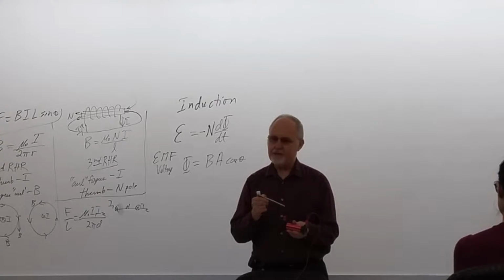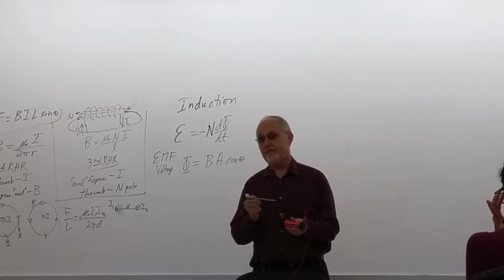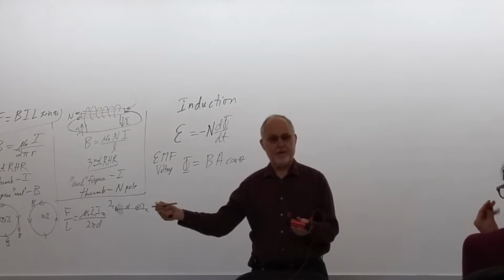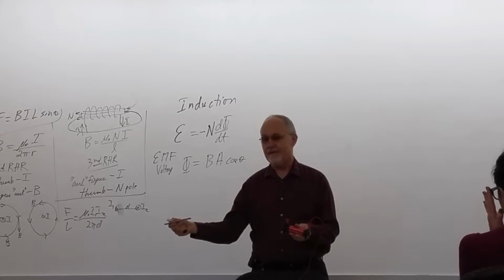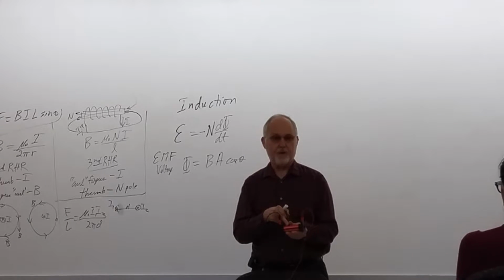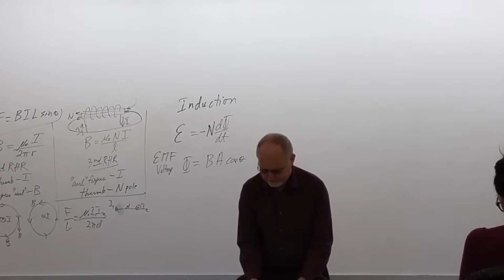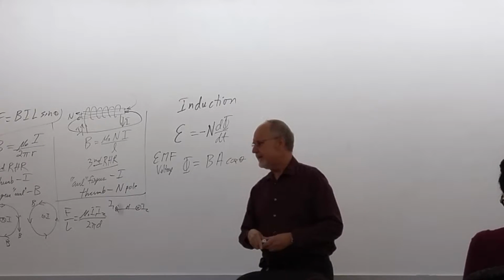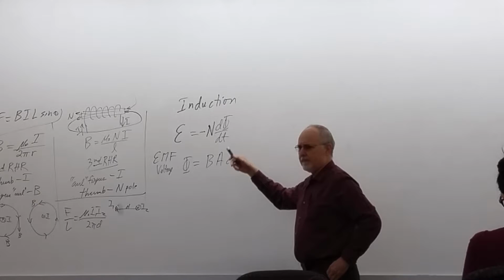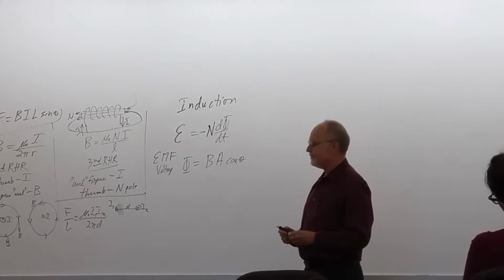So if I knew what the flux was to start with, the VA cosine theta, and pull it all the way out to where now it's zero, I could say I've got a delta phi over delta t. And if I knew how many turns there were, I could multiply with the number of turns. So that's our basic equation for induction.